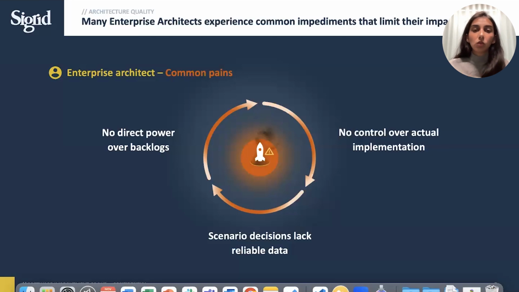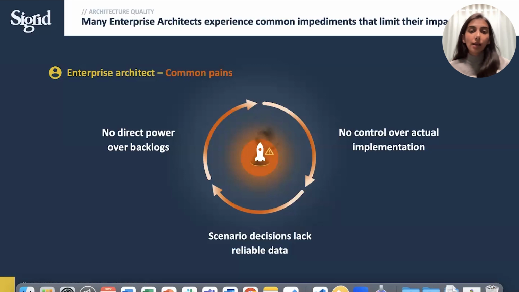And then based on those interviews, what we gathered was these three common problems. So the first one was that enterprise architects mentioned to us that there is no direct power over backlogs. If you know a bit about enterprise architects, these are the people who are both technical and business skilled people. And what they have to do in their daily lives is first, they have quite some development teams working under them, but they do not prioritize these backlogs themselves.